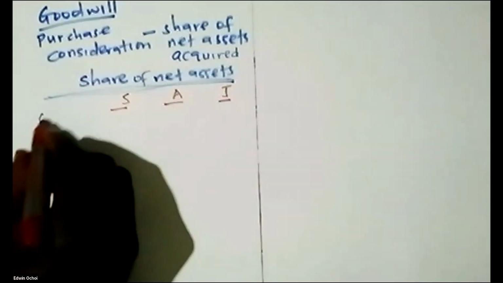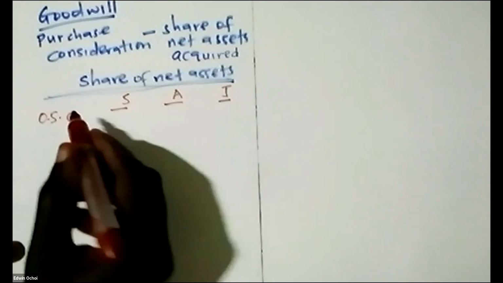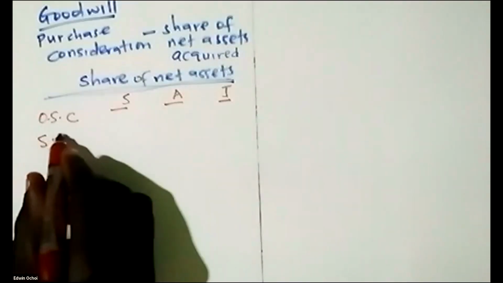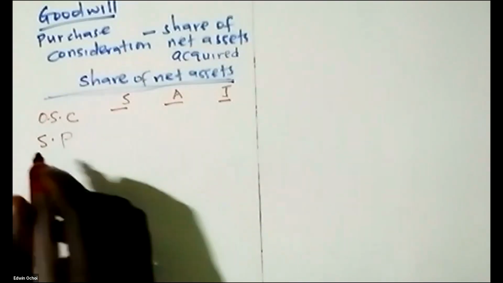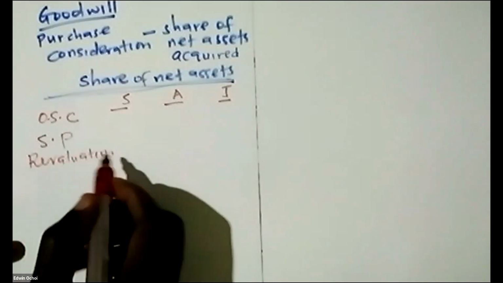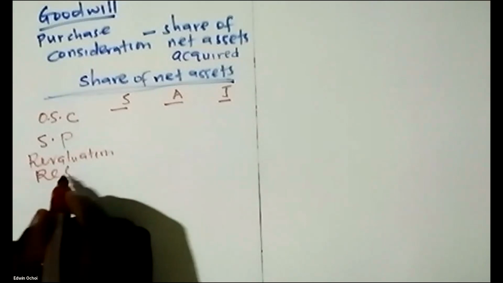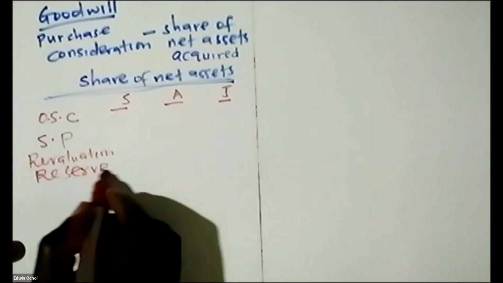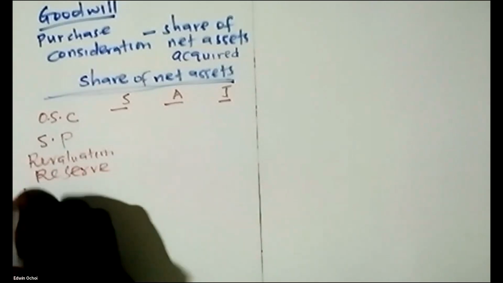So we have ordinary share capital, share premium. In this question, we have revaluation reserve, and we have retained earnings.